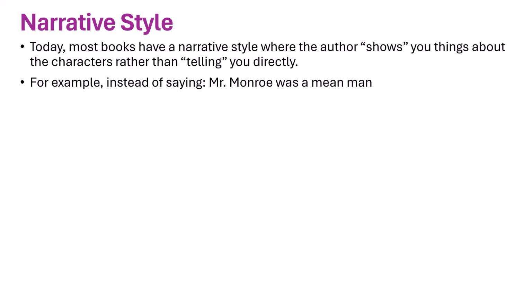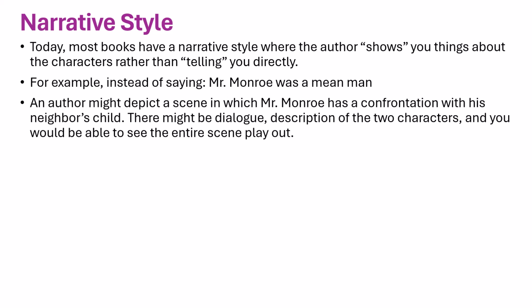So, for example, instead of saying Mr. Monroe was a mean man, an author might depict a scene in which Mr. Monroe has a confrontation with his neighbor's child. There would be dialogue, description of the two characters. You'd be able to see the entire scene play out, and the narrator basically would be showing you that Mr. Monroe is mean and probably bitter, right? Instead of telling you directly.